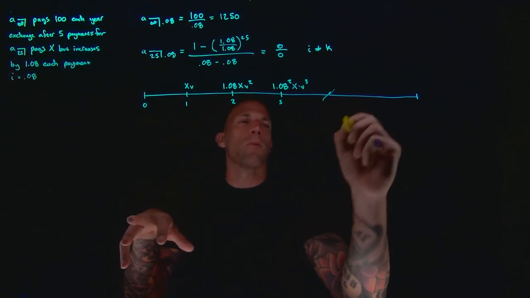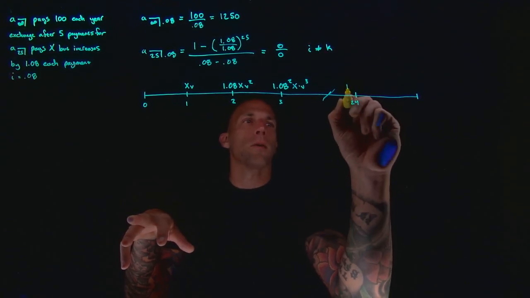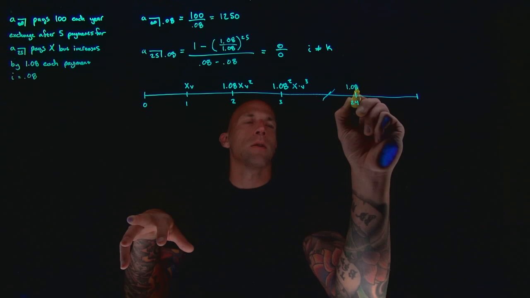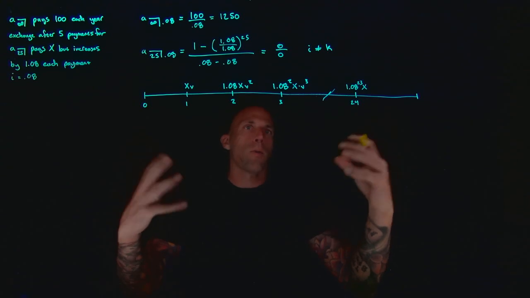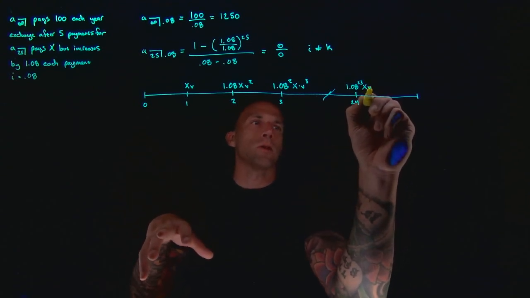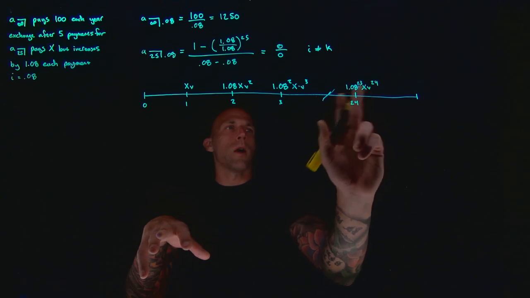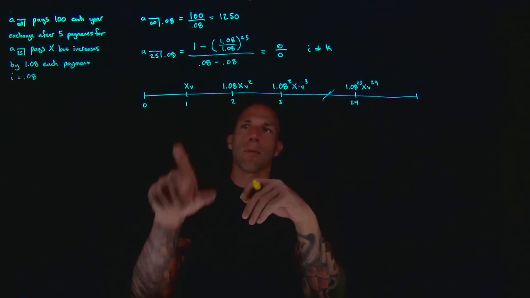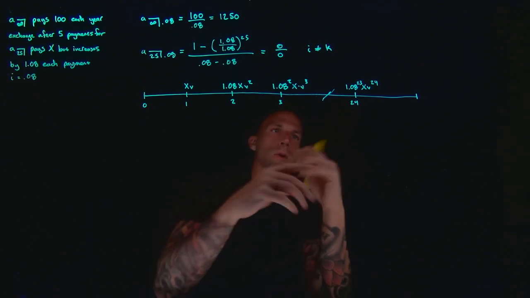And let's jump forward in time to year 24. We will have increased the value of the payment by 1.08 raised to the 23rd power, and then we will discount back 24 years. So the offset here is a little bit frustrating, but if you write out each individual payment, that's what you get.